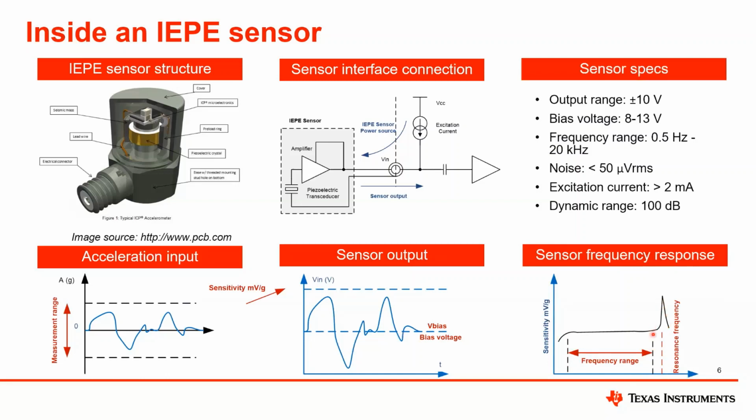So the useful range is up to something below the resonance frequency. Typical specification of a sensor includes the output range, the bias voltage, frequency range, the noise, excitation current required, typically 2 milliamps or more, and the dynamic range.